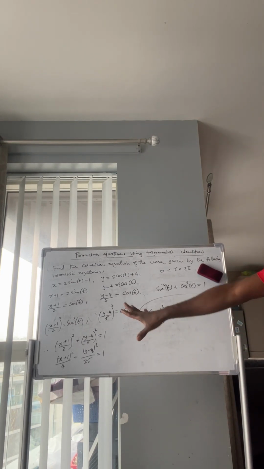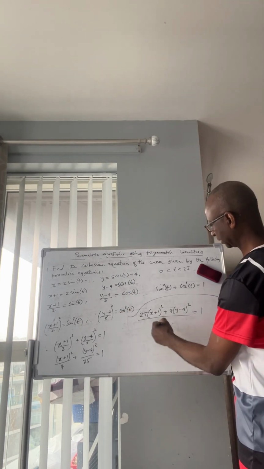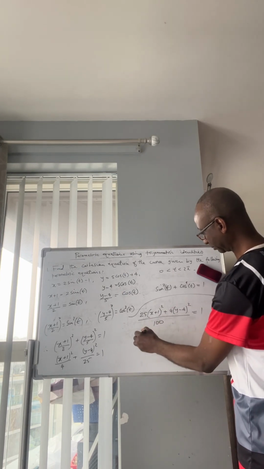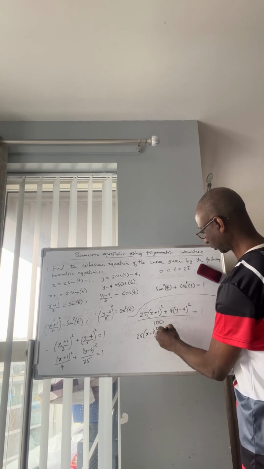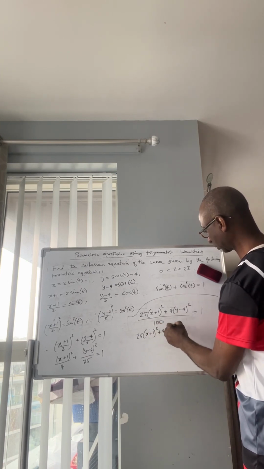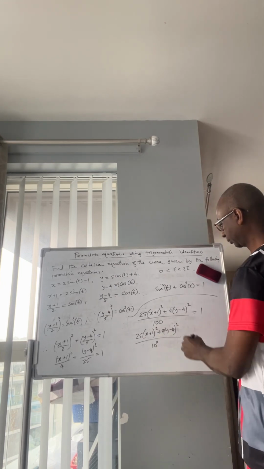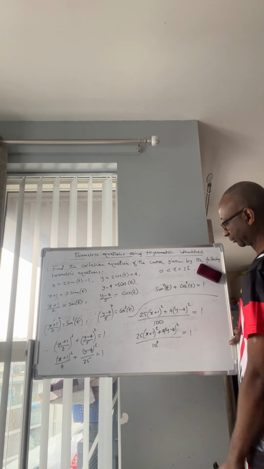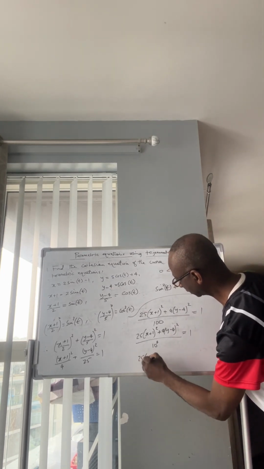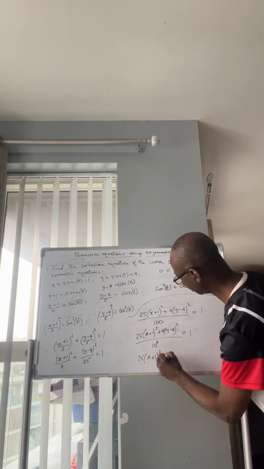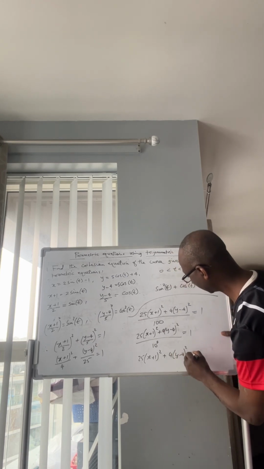We just found the LCM. So this 100 we can make as 10 raised to the power of 2. You can leave it this way: 25 into x plus 1 all squared plus 4 into y minus 4 all squared equals 100.